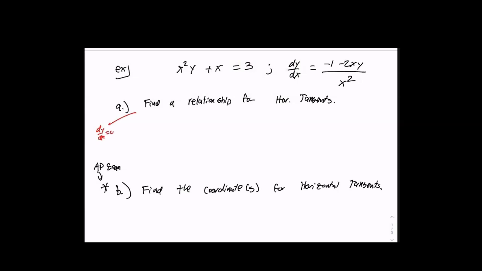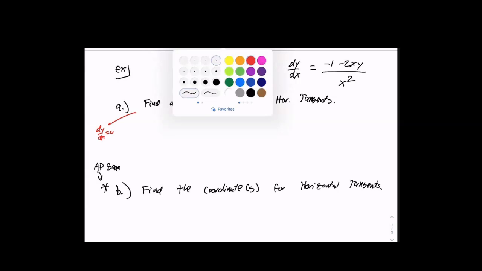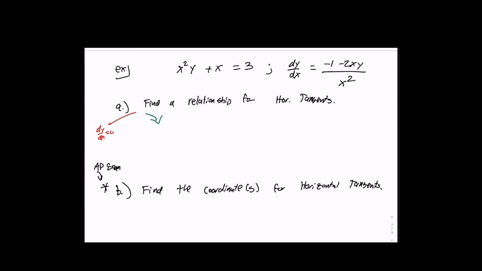But that's just for explicit functions. What does that mean for implicit functions? First and foremost, yes, dy/dx equals 0. If you hear horizontal tangents, you think dy/dx equals 0. Now, what does that mean for implicit?